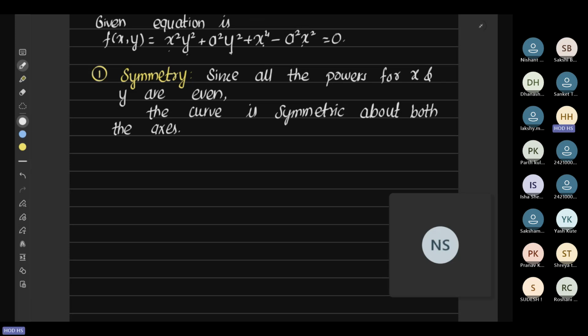So we need to draw the curve in, let's say, the first quadrant only, so that we can know how that curve behaves or how that curve looks in all the Cartesian plane. So we will keep this point in mind. We need to draw the curve in the first quadrant only.